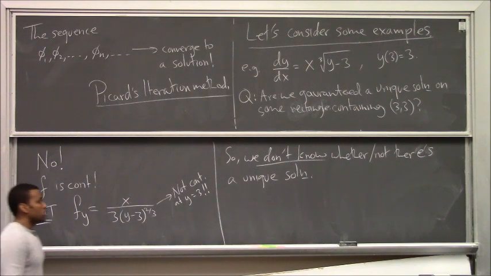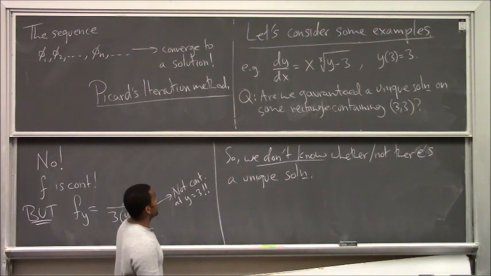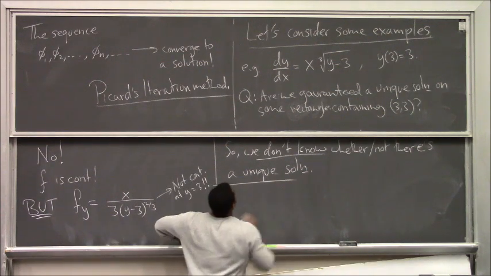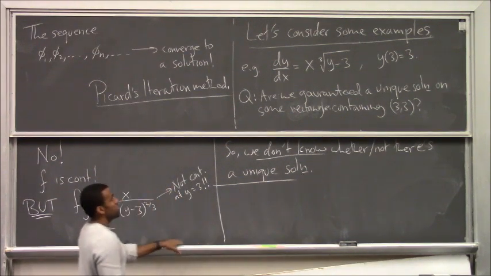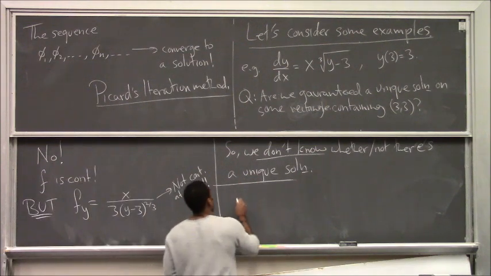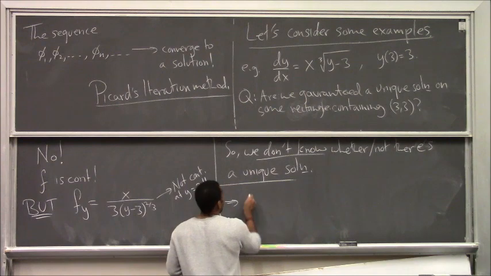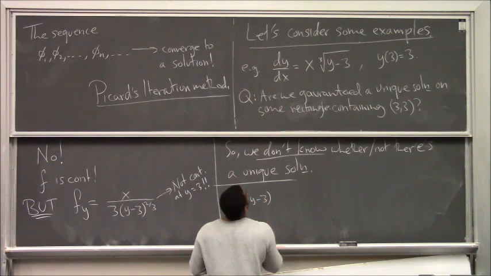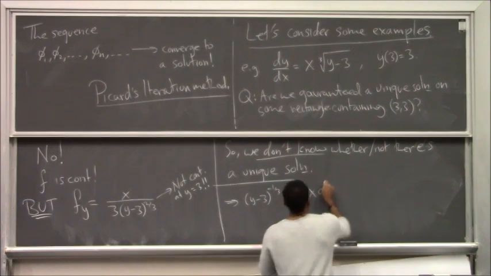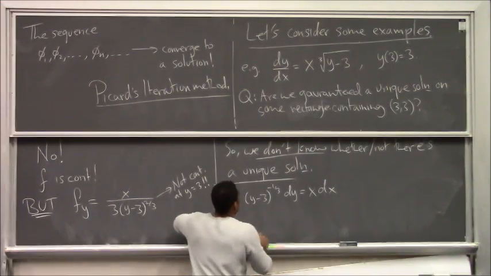So what we would do is we'd go through and actually try to find the solution. Okay, let's actually solve this. How would we find this solution? Separable, yeah. It's separable. So this means I can have (y minus 3) to the minus 1/3 dy equal to x dx. I can integrate this.